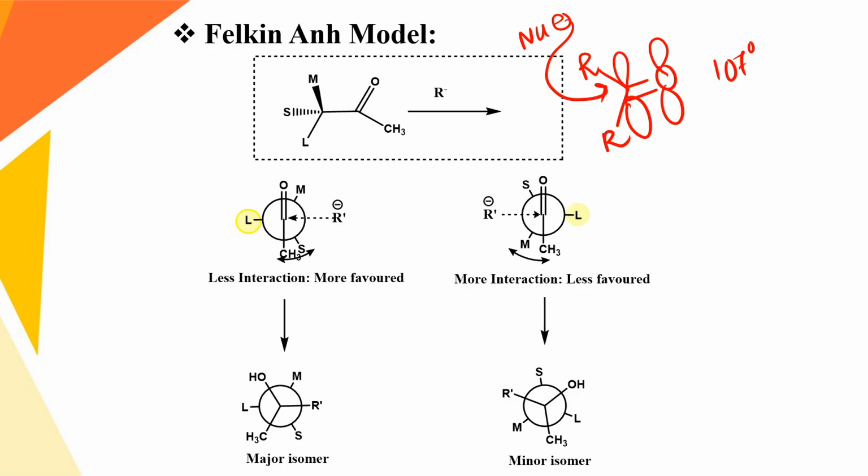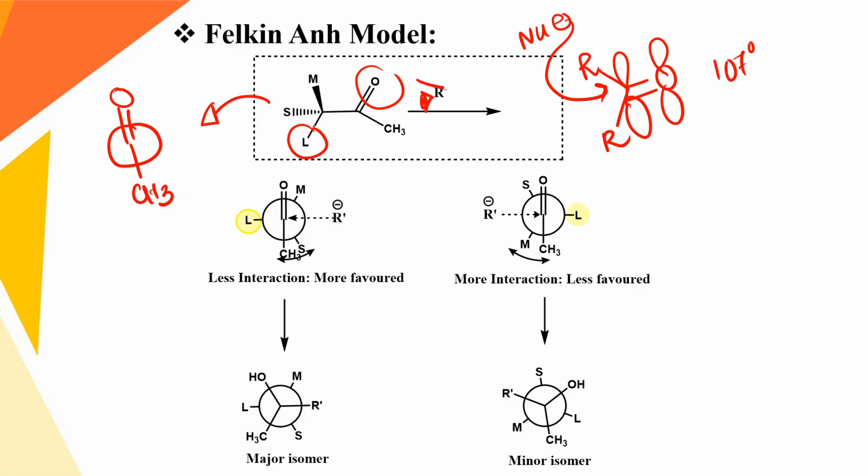So to show this in a model, they have drawn something like this, where the angle between the large group and the carbonyl group is nearly 90 degrees to show the Burgi-Dunitz trajectory. If we convert this into a Newman projection, we have to view this compound from this side. So we draw the OCH3 part here.